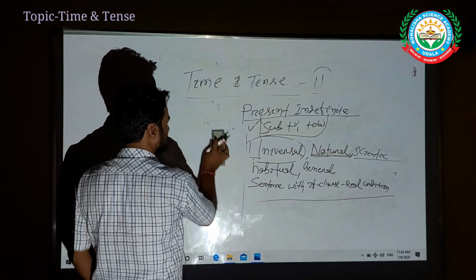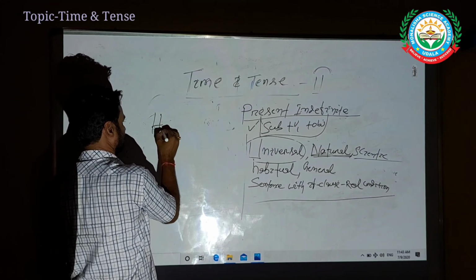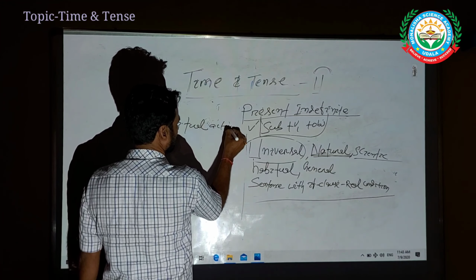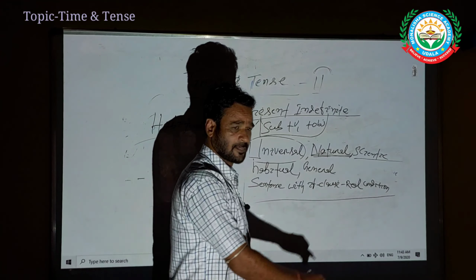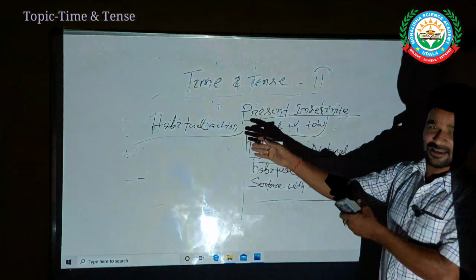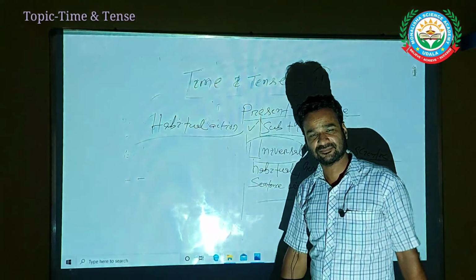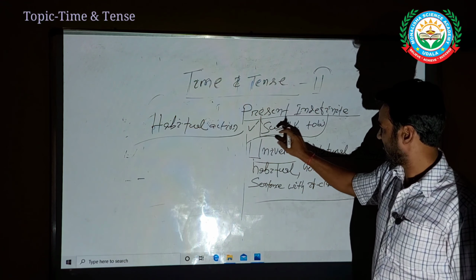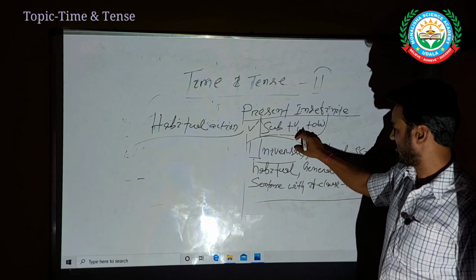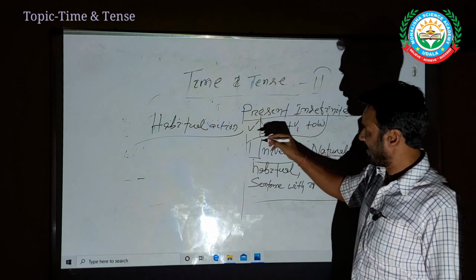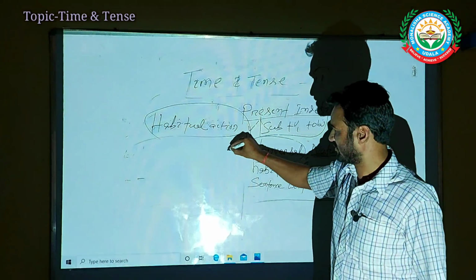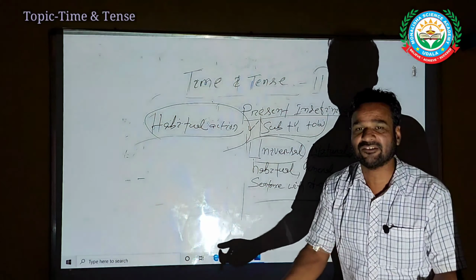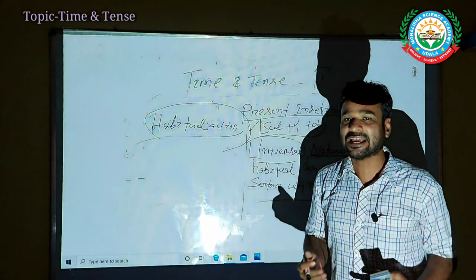Next one is habitual action. If we want to express a habitual action, at that time we should take help of the structure subject plus V1 plus object. These habitual actions also happen in our day-to-day life, in our regular life.